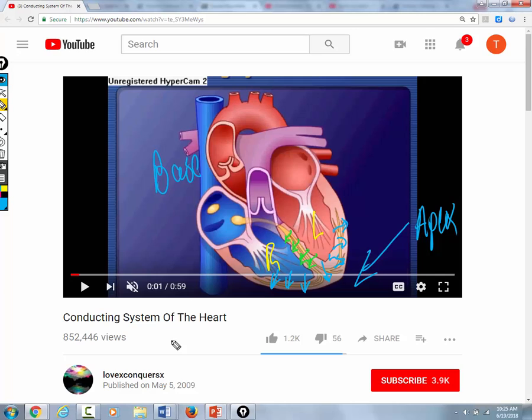All right, so watch. Now I'm going to explain to you why they call it the QRS complex. So let's look. Oh, here we go.